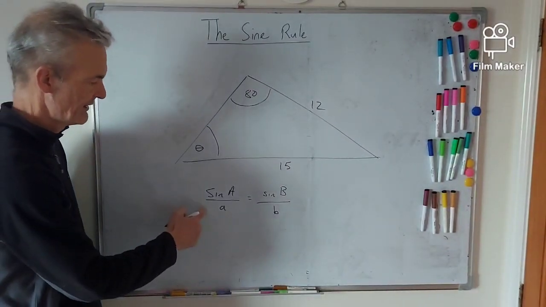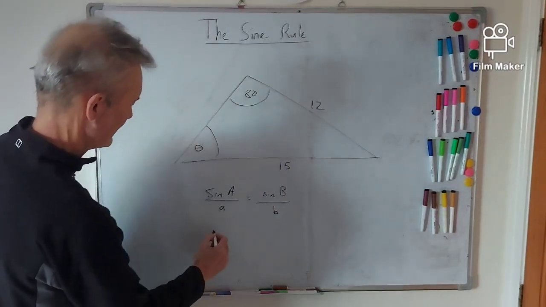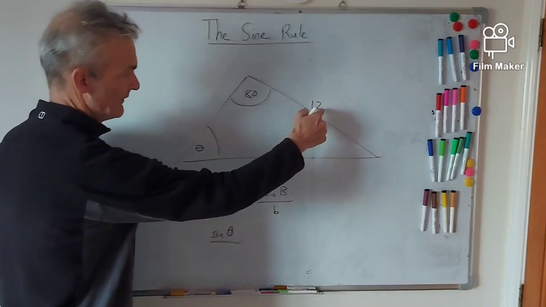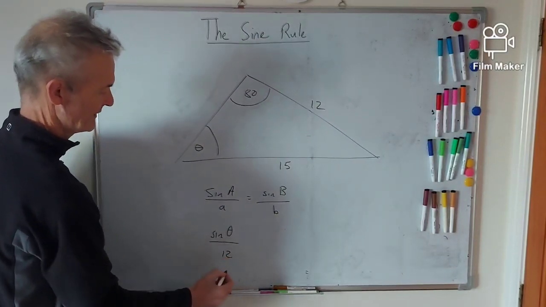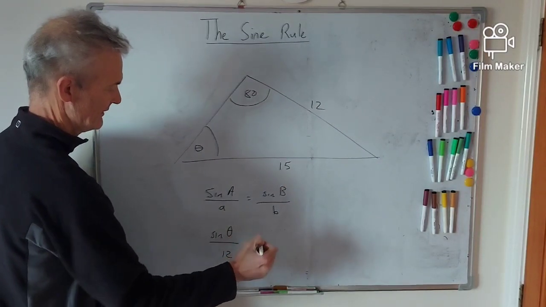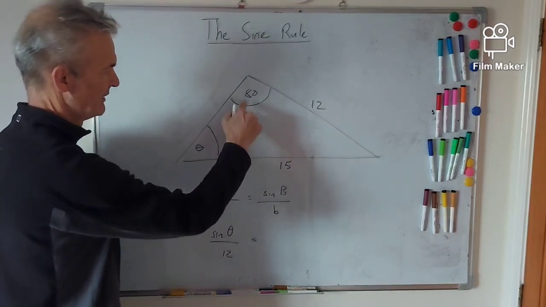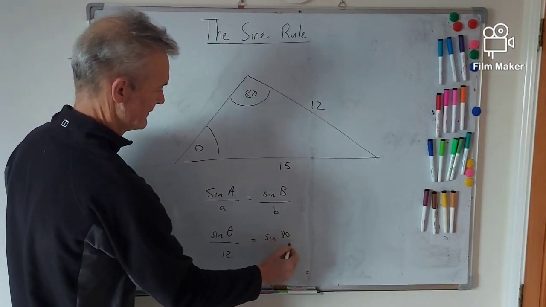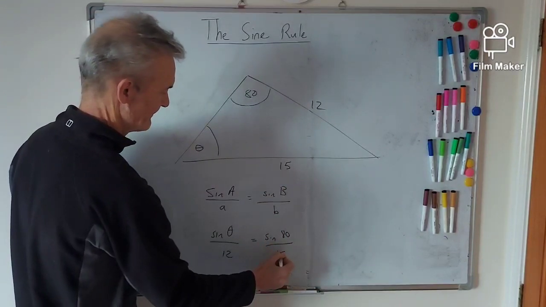Now let's put our information in. So sine A over A, well, we'll call that A. So sine theta over the opposite side is 12. And that's going to equal sine 80 over 15.